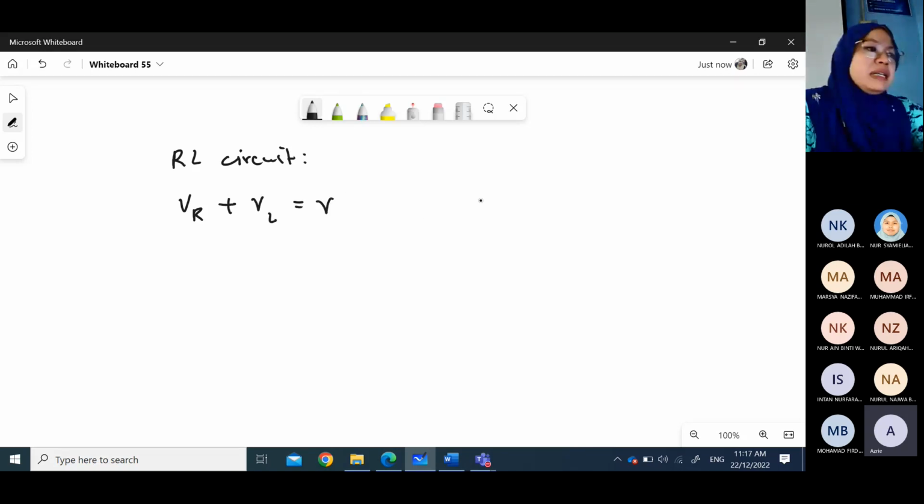Actually in an electric circuit we have three basic variables. VR is about IR, where R is the resistor.